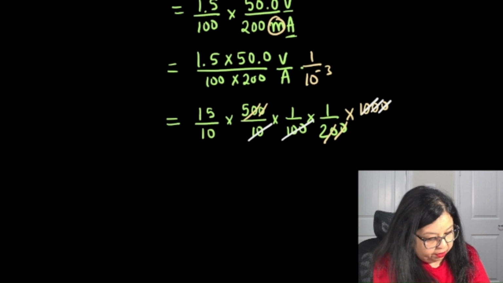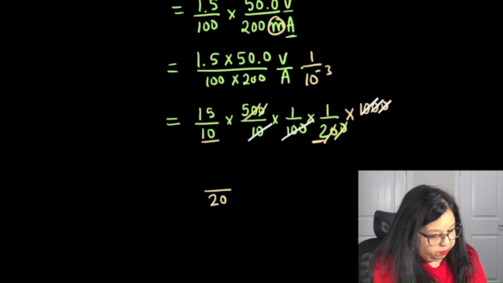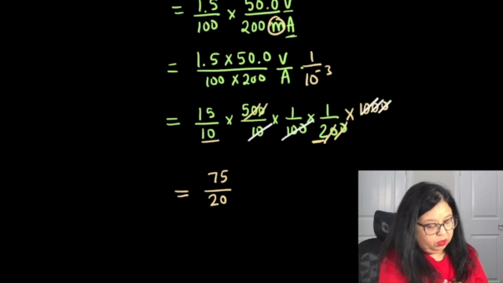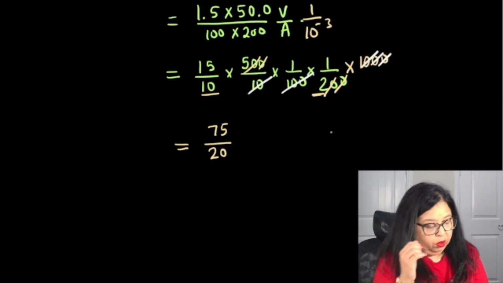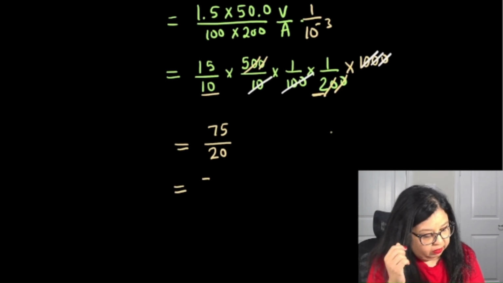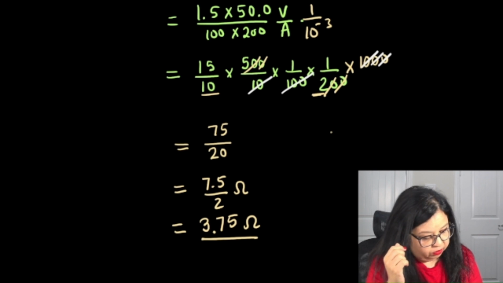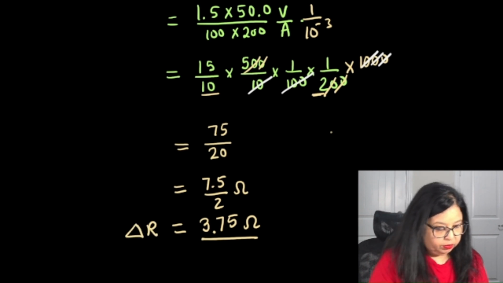We have this 2 at the bottom and 10 gives us 20 at the bottom. At the top I have 15 times 5 is 75. What do we get? We get 7.5 divided by 2 ohms, which is the same as 3.75 ohms. This is your delta R.